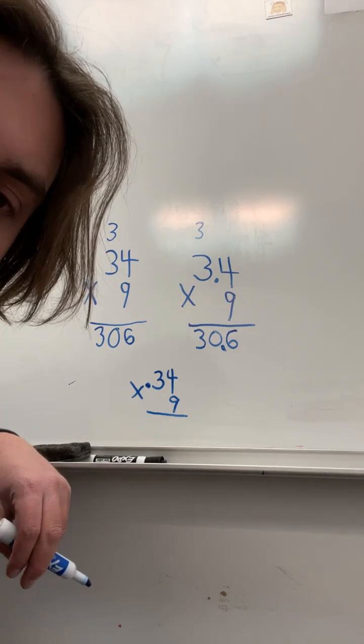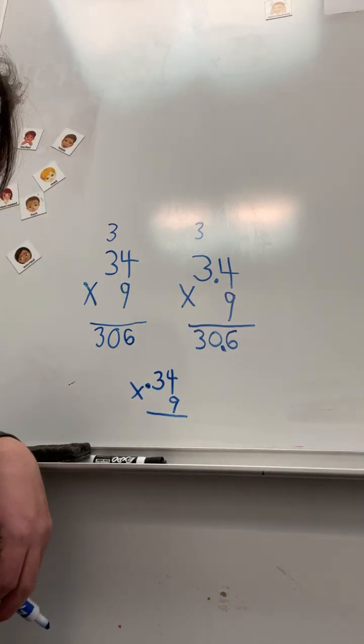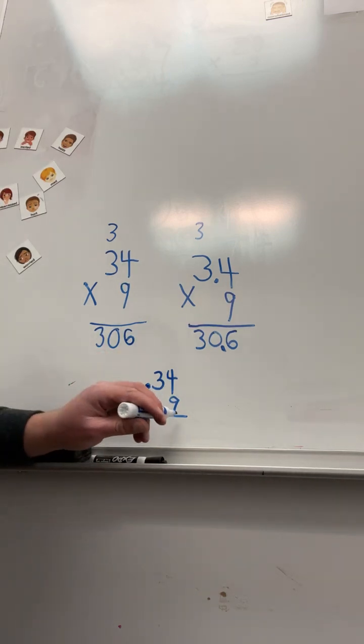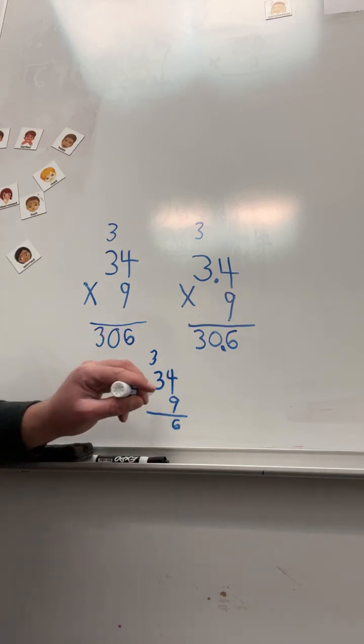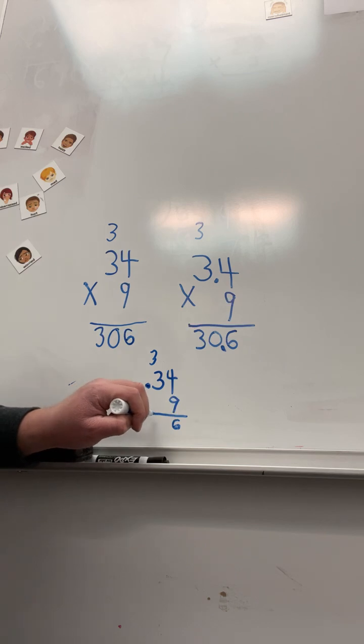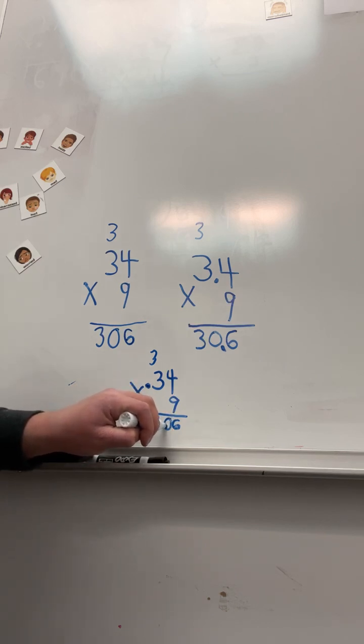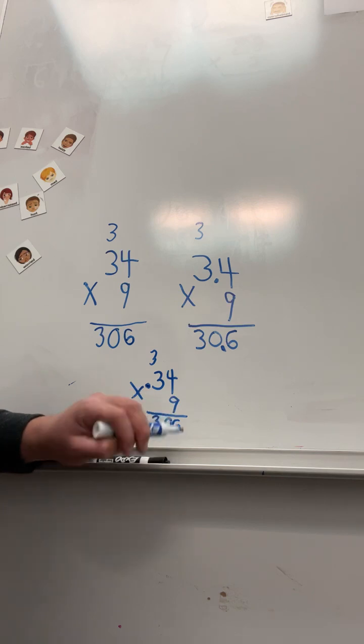So we have 34 hundredths times 9. Again, we would go about solving it the same exact way as we solve the whole numbers. 4 times 9 equals 36. 6, carry the 3. 3 times 9 equals 27. Plus 3 equals 30. We put the 30 in front of the 6. We have 306. So the first two steps, again, are the same.